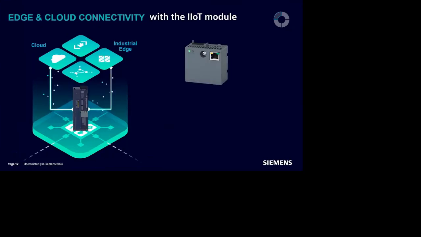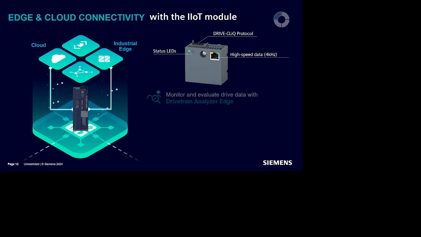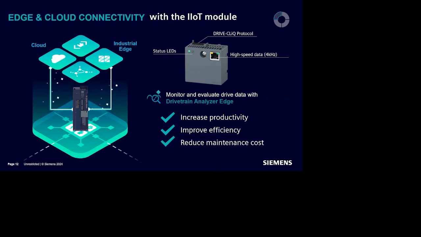Then this was the very first side of the digitalization, when we are in the designing phase before we even get the hardware. On the other side of the medal, during operation, our customers can also benefit from real-time monitoring. This is thanks to the connectivity to industrial edge. We have this little module here, which is called the IIoT option module.